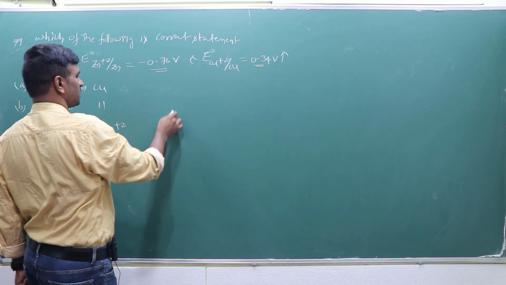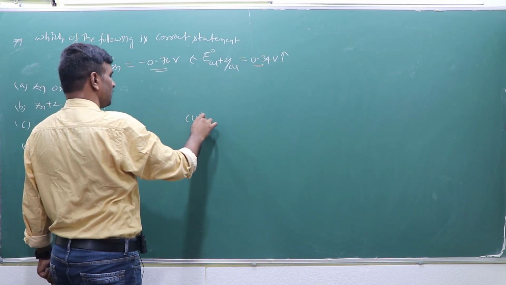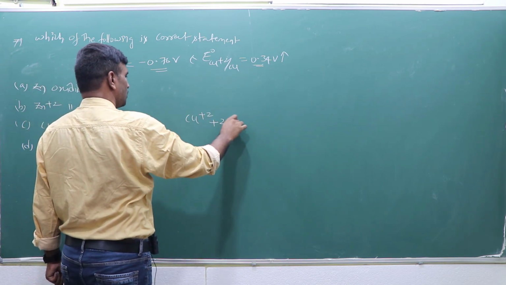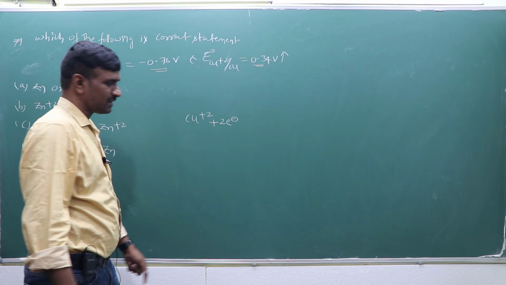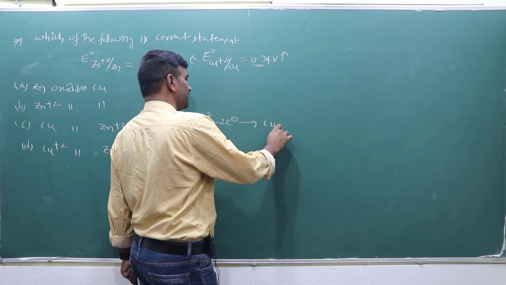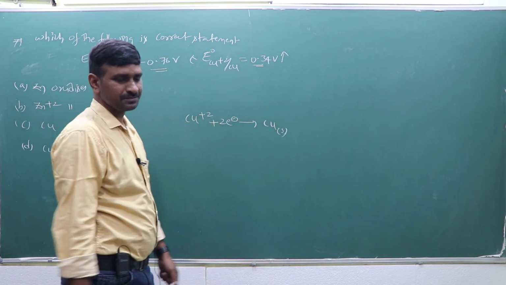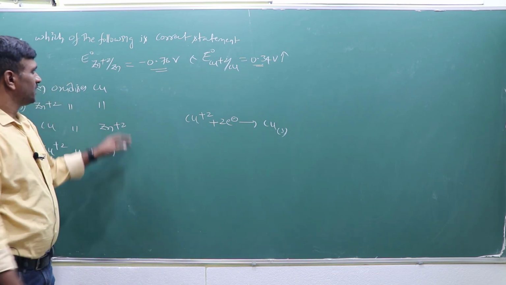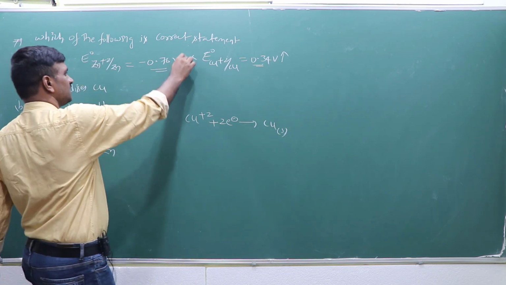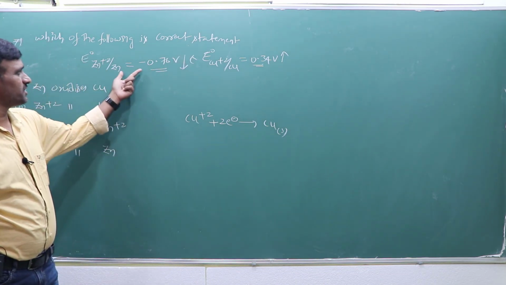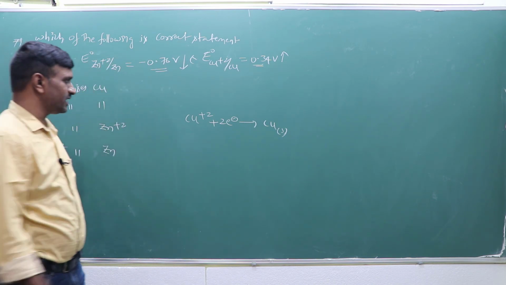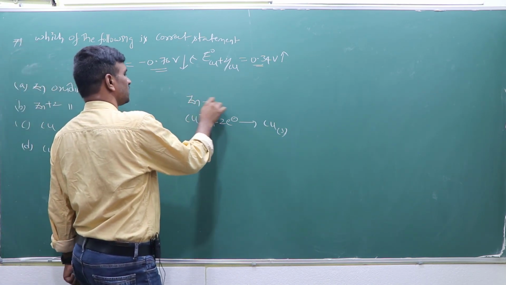When this is the higher reduction potential, what takes place? Reduction. Cu plus 2 takes 2 electrons and is deposited as solid copper. The lower reduction potential is the one where oxidation takes place.